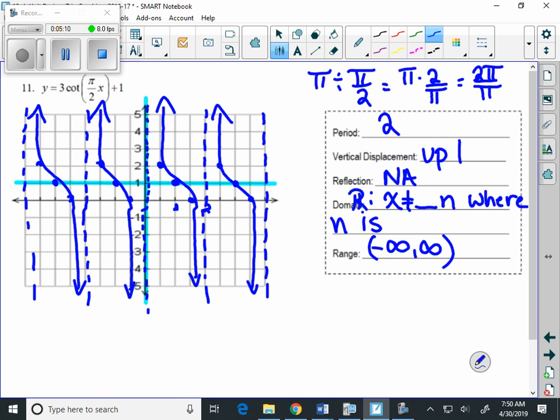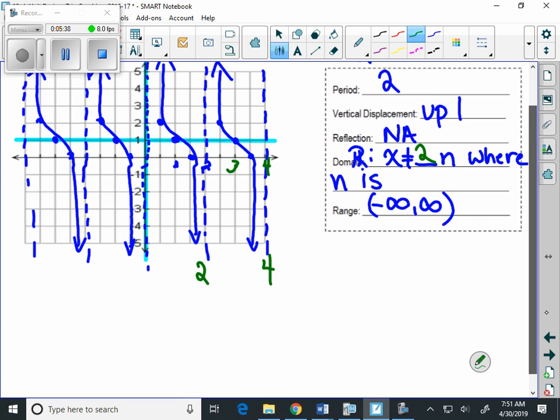And the last thing that we need to do, and we'll look at it a little bit more specifically, but notice that our first positive asymptote is at 2. So it has to be the first positive asymptote, not the one that's on the y-axis. And then as we look at this, we've got 1, 2, here's 3, and then this one is 4, so over here is 4.